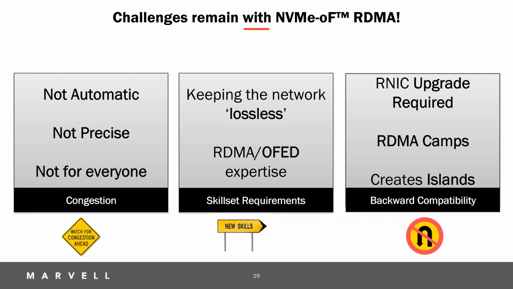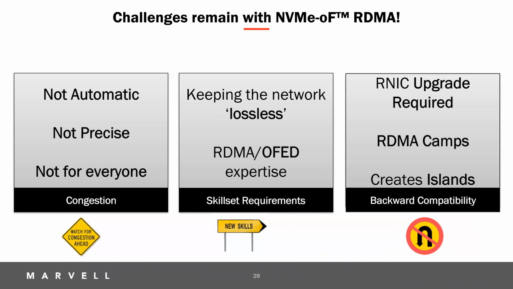First of all, RDMA, especially RoCE, is prone to congestion, and there are no simple, easy, press-this-button solutions to solve this congestion problem. There are protocols like DCQCN, Data Center Quantized Congestion Notification, and advancements in those areas that can help alleviate some of these congestion challenges. But applying these policies and applying DCQCN to a network is not that simple.